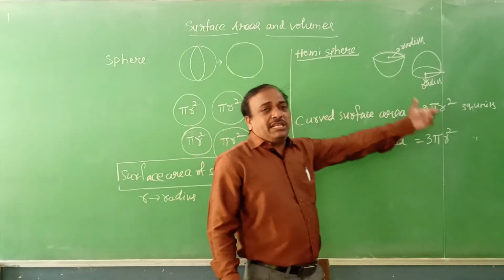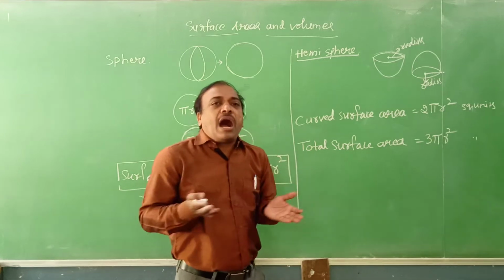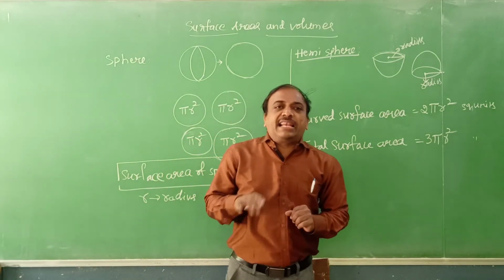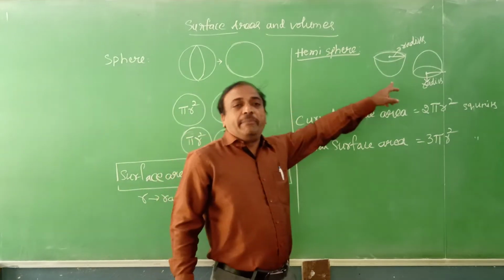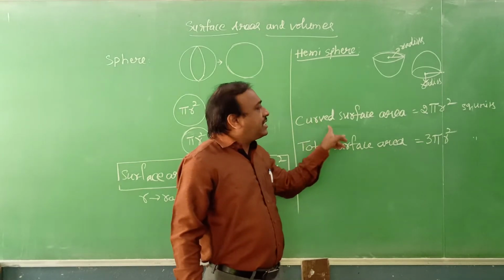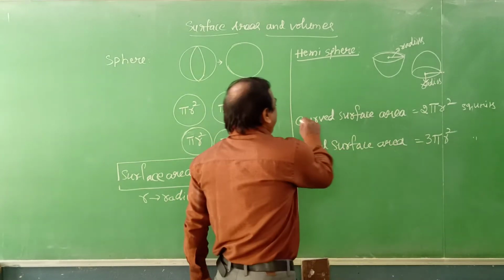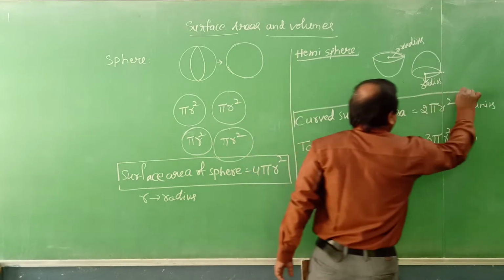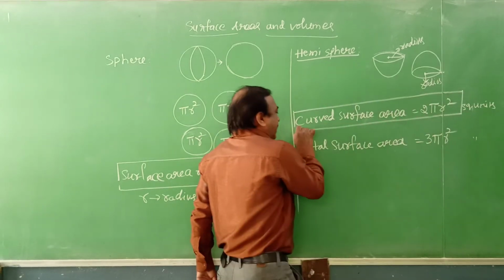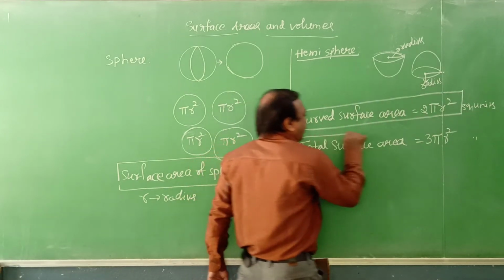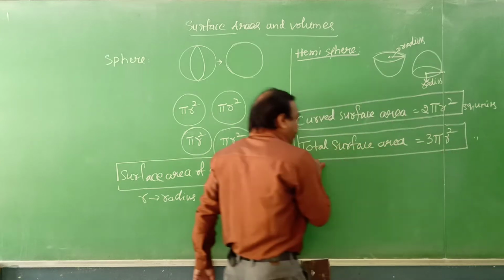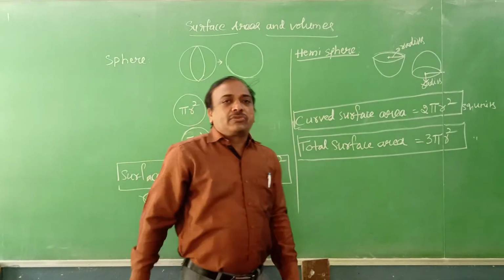And the hemispherical shape, exactly half of the sphere, is called a hemisphere. The hemisphere curved surface area is 2 pi r square, and the total surface area of the hemisphere is 3 pi r square.